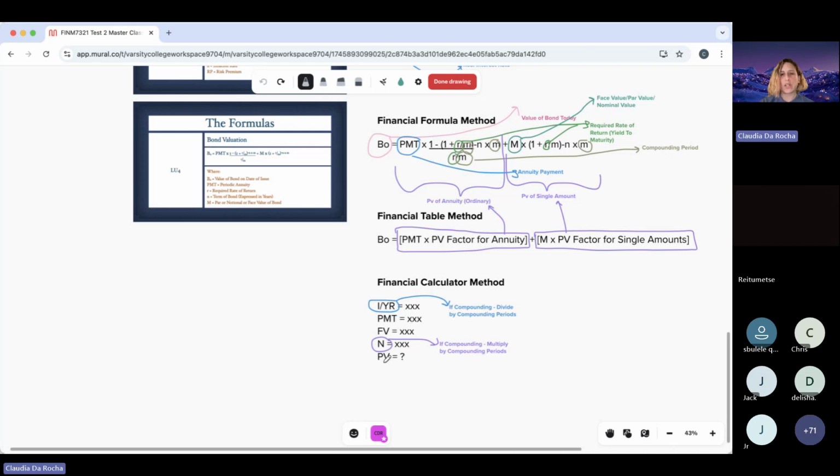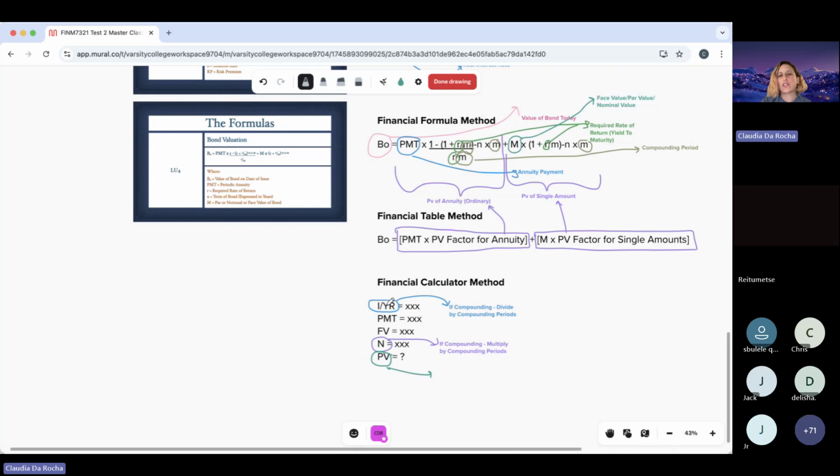If you calculate PV, your future value will be positive because that is what you're receiving. Your payment will be positive if that's what you're receiving. With the bond, it's your present value, the amount that you pay now that you're investing in. So you'll find that if you solve for PV, your answer normally comes out negative.